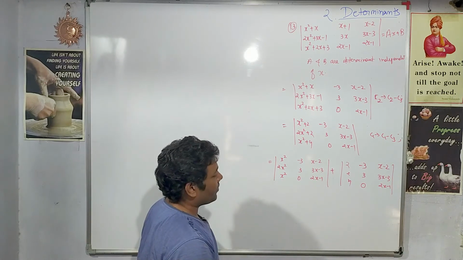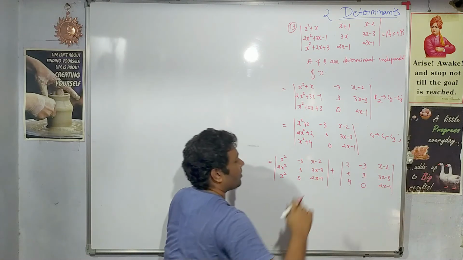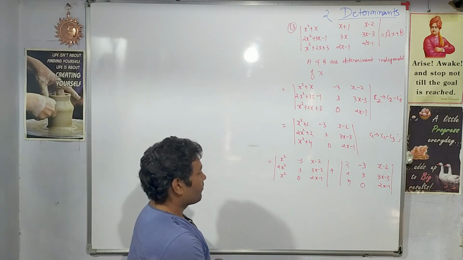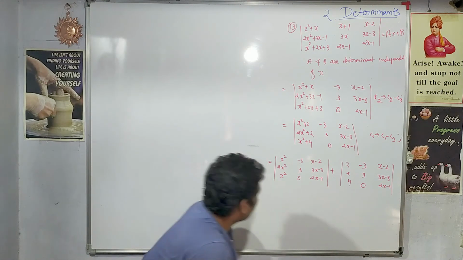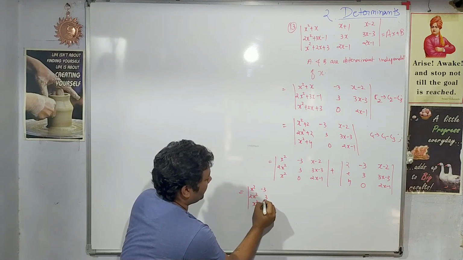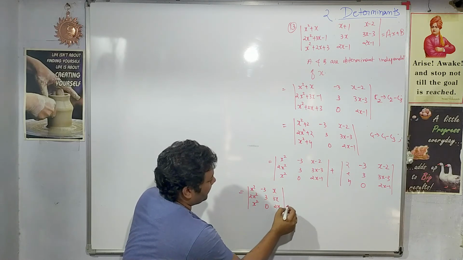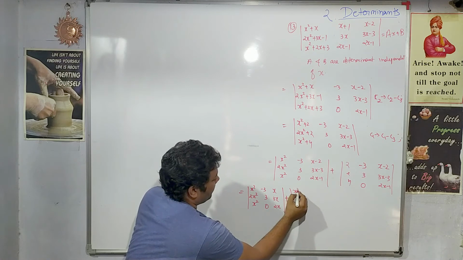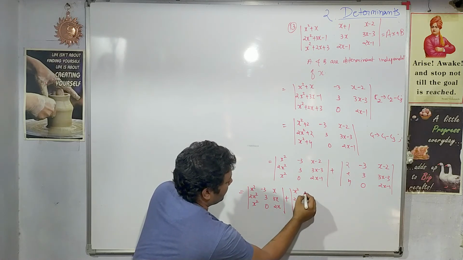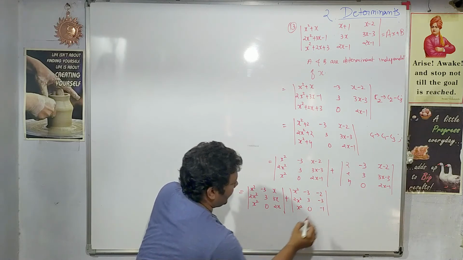Further expansion we can do along the third column here, and for this determinant also we can carry out the expansion along the third column. So let us do. So this will give me x square, 2x square, x square minus 3, 3, 0, x, 3x, 2x, correct, plus first column as it is, second column as it is, third column will have the rest.